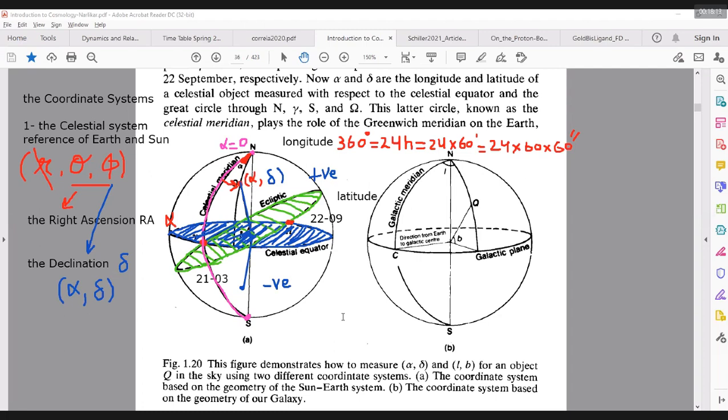Very similarly, we work with another coordinate system, that is the galactic coordinate system. The galactic coordinate system is also made with the reference of Earth, but this time Earth and center of our galaxy.